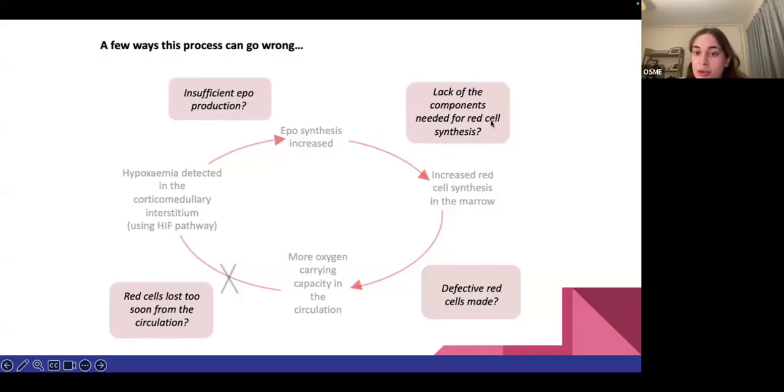If there's lack of components for red cell synthesis, these are your iron, your B12, your folate, all required for blood production. If you've got defective red blood cells, this is your thalassemias, your sickle cells, and then your slightly more small print, weird and wonderful G6PD deficiency and things. Or if you've lost red blood cells, this is where you need to start thinking high reticulocytes: is there active bleeding, is there hemolysis?